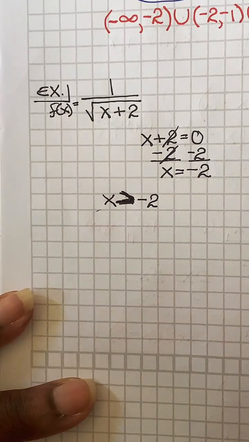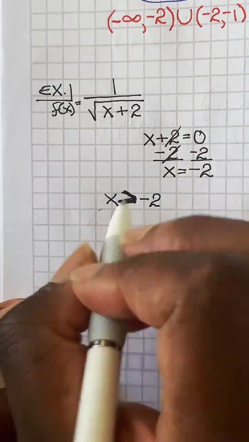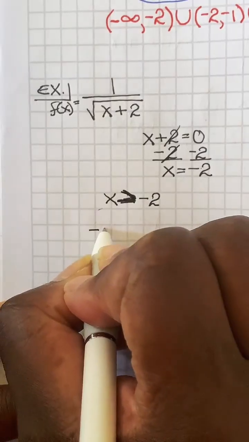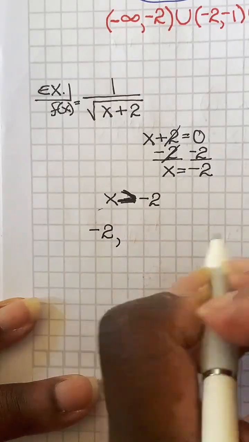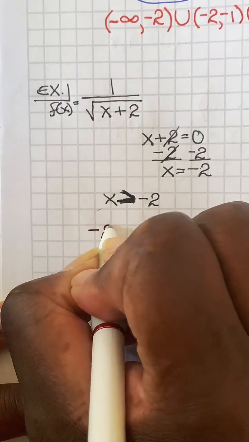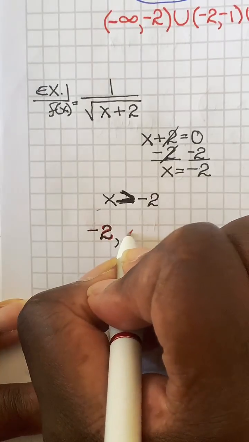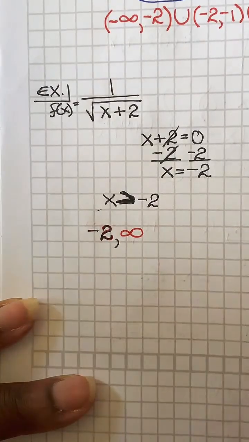Bigger than negative 2. So that means we're looking at negative 2, all the way, oh, sorry, wrong color. We're going from negative 2 all the way to positive infinity.